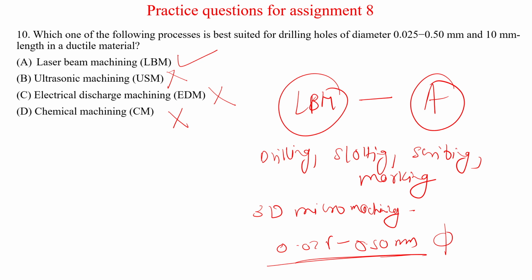So we have covered every question, and we are done. If you have any doubt, please tell me. This is basically a theory portion, so there are not many numericals. You need to learn what the process is, what the mechanism is, what apparatus and materials are used, and what the process parameters are.